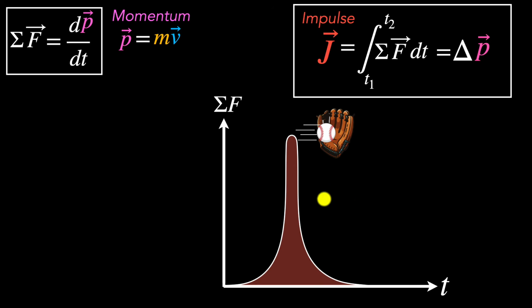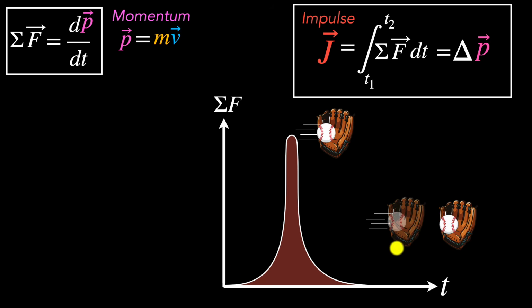Okay. Now let's think about this particular case. What would the graph for this one look like? Well, since you're retracting your hand, you are increasing the time over which that force is acting. This graph would be much wider. But, and here's the important part, the area under this graph should be the same as this one because the impulse is the same.